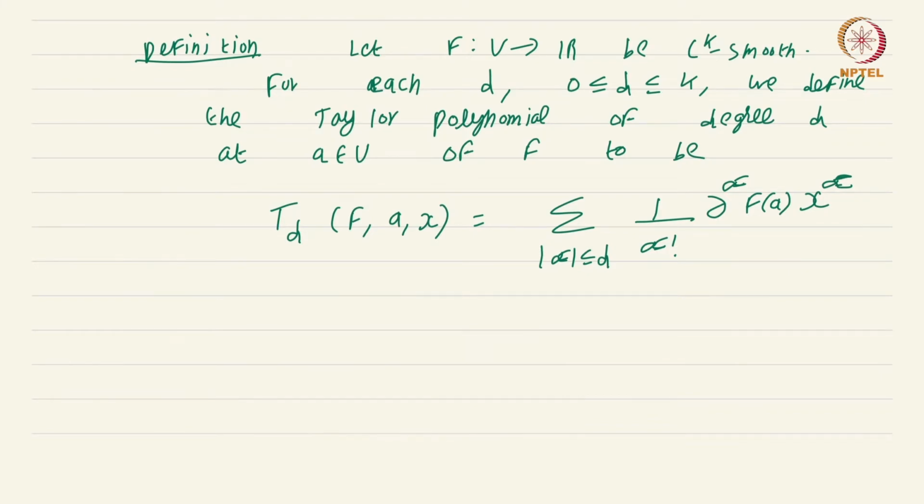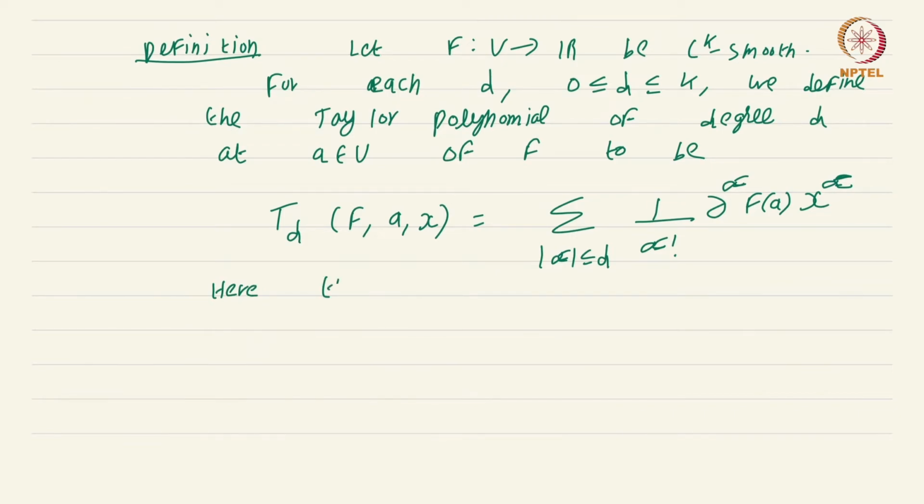Now the listener should observe that this form formally is exactly the same as the usual Taylor polynomial in one variable. So the elegance in this multi-index notation is wherever you see a number, you can replace it by a multi-index and recover the same thing. So here, I have used this summation that looks complicated.